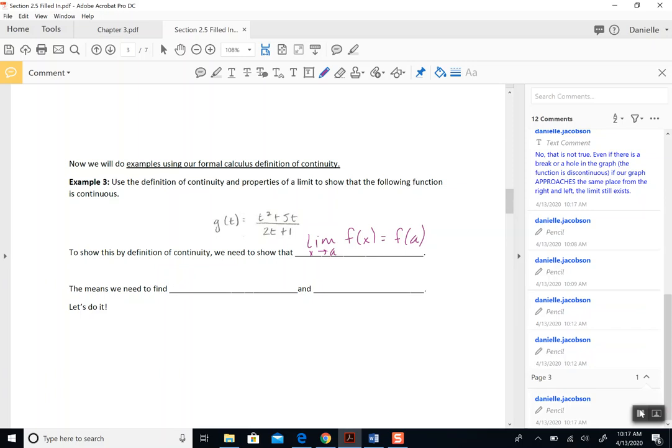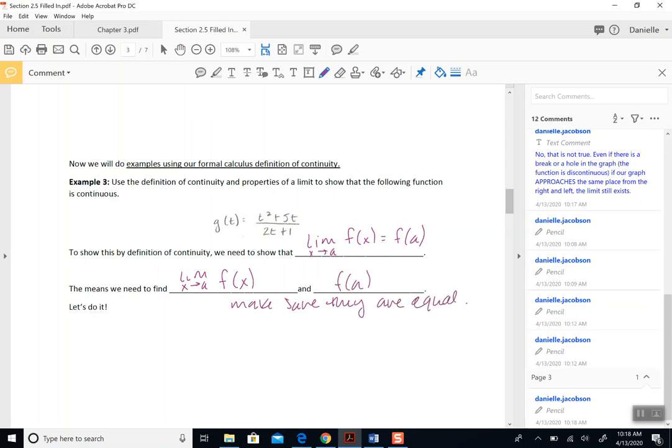Or in layman's terms, what this is, we need to find the limit as x goes to a of f of x and f of a. Okay, and then what we'll do after that is make sure they are equal.